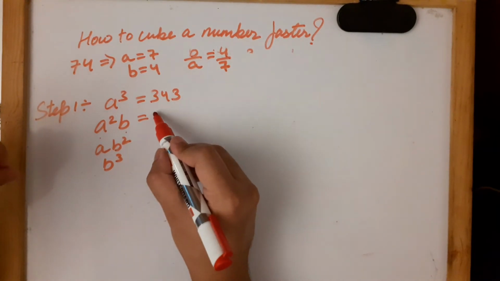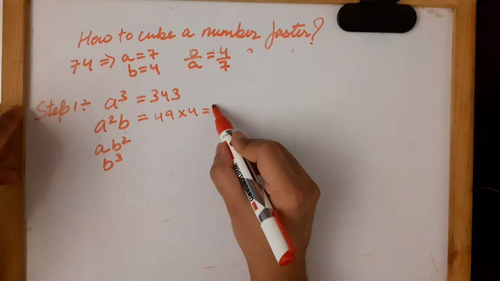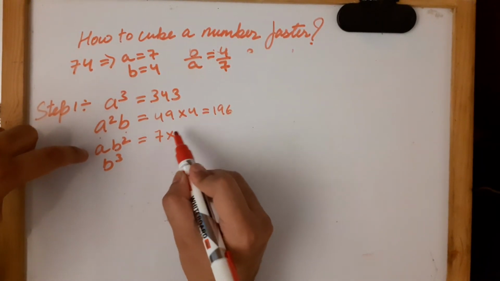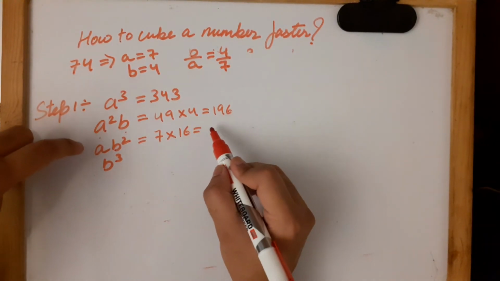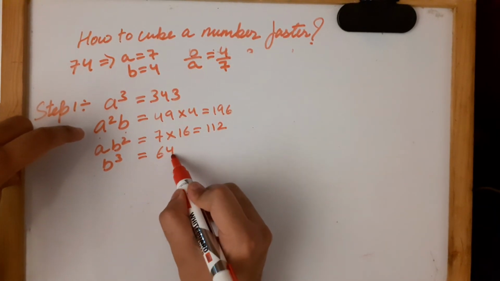You can also do it directly in the same example. It is 49 into 4, which is 196, and for a b square it's 7 into 16, and 7 16s are 112, and b cube is 4 cubed, 64.